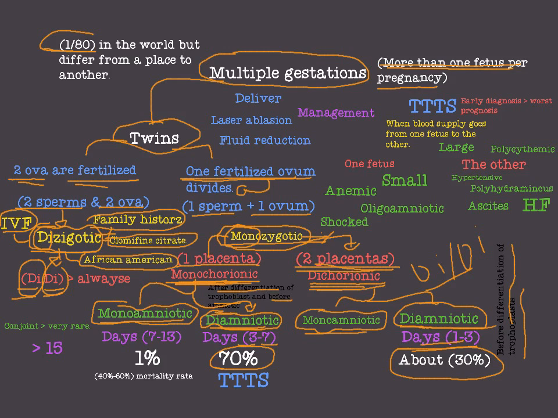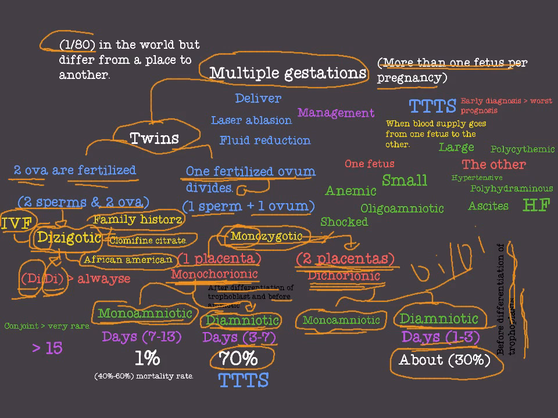In the first case, when we have two placentas and two sacs, it happens with separation before differentiation of the trophoblast, before differentiation of the placentas. So we have two placentas.